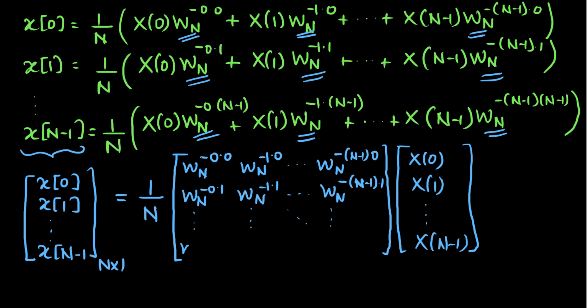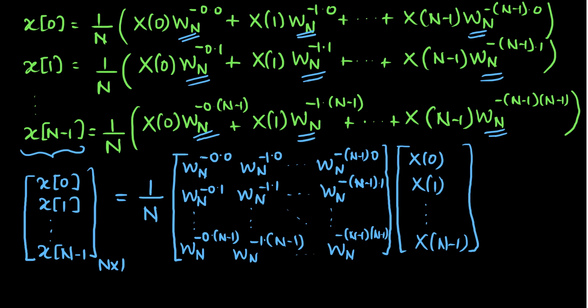So it is given as Wn to the power minus 0 into n minus 1, then Wn to the power minus 1 into n minus 1, and so on till Wn to the power minus n minus 1 into n minus 1.